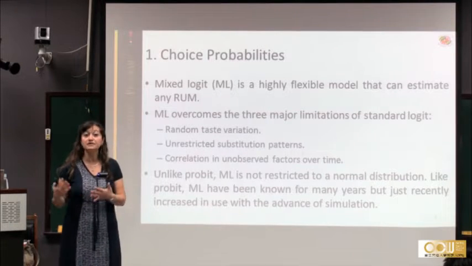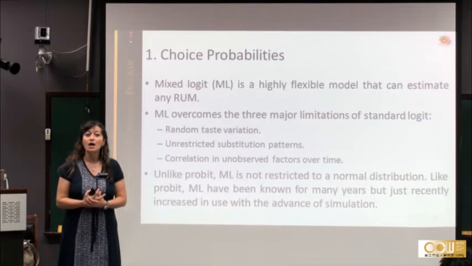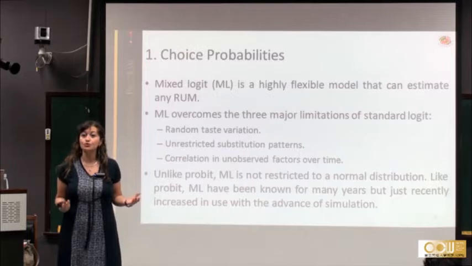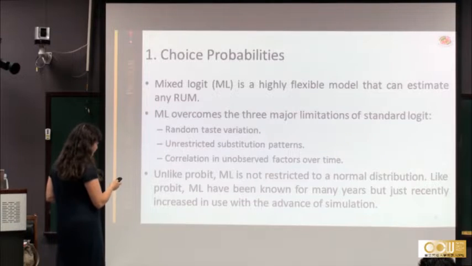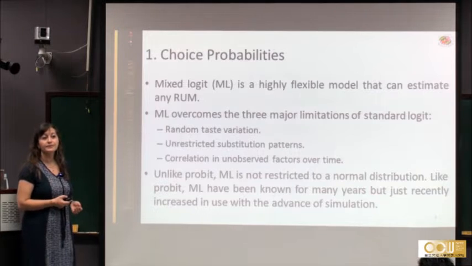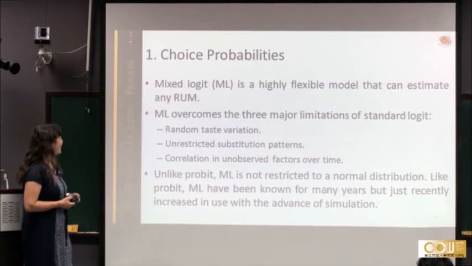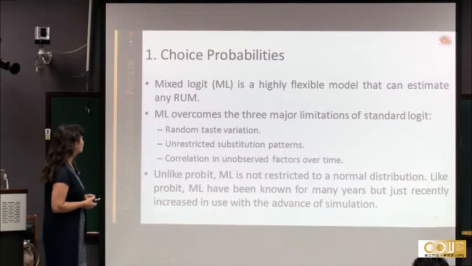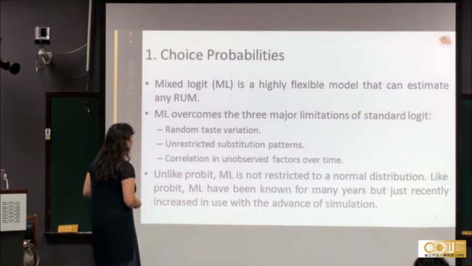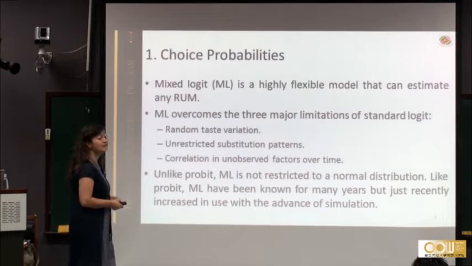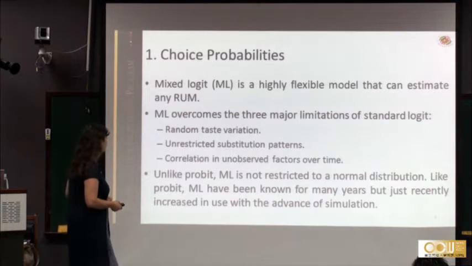Normal is one of the distributions that you can use when you specify a Mixed Logit, but many other distributions are possible. It doesn't suffer from the IIA hypothesis under the hypothesis that you work with the error component specification. I will show you that. And indeed, you can work with panel data because correlation in unobserved factors over time is possible. You can specify that.